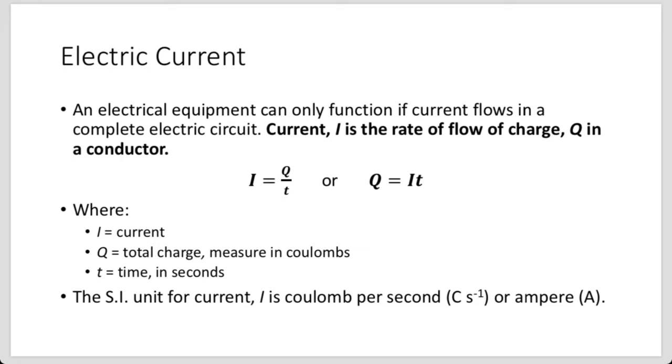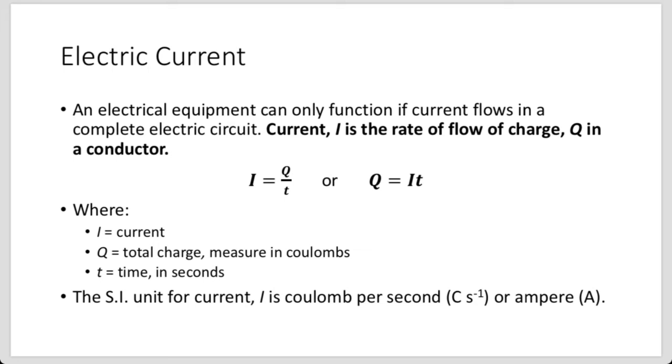So for some reason they chose Q for charge. Why exactly, I'm not sure. I'll have to check on that. Maybe if I read up, I'll find something. But at the moment, I don't really know why they chose Q.